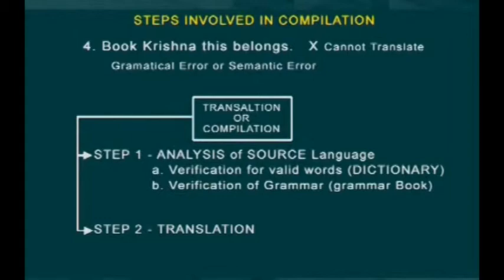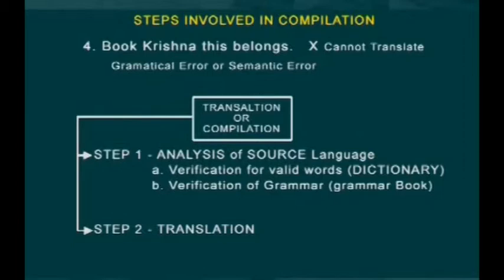Next one is the verification of grammar. For the verification of grammar, the translator is using a tool called grammar book. In our finite automata or theory of computation, we will be talking about regular expressions, which are similar to dictionary without meanings. And we will be talking about grammar books like context-free grammars, context-sensitive grammars and so on.